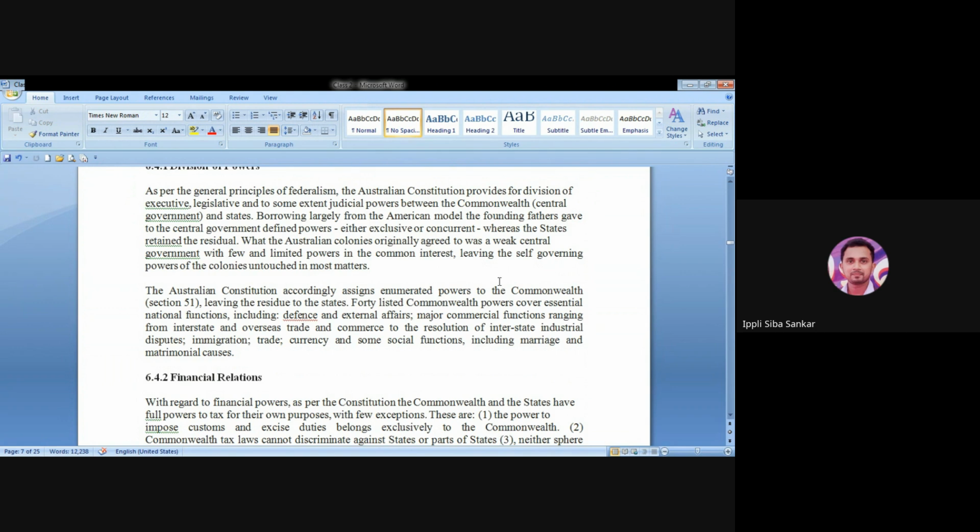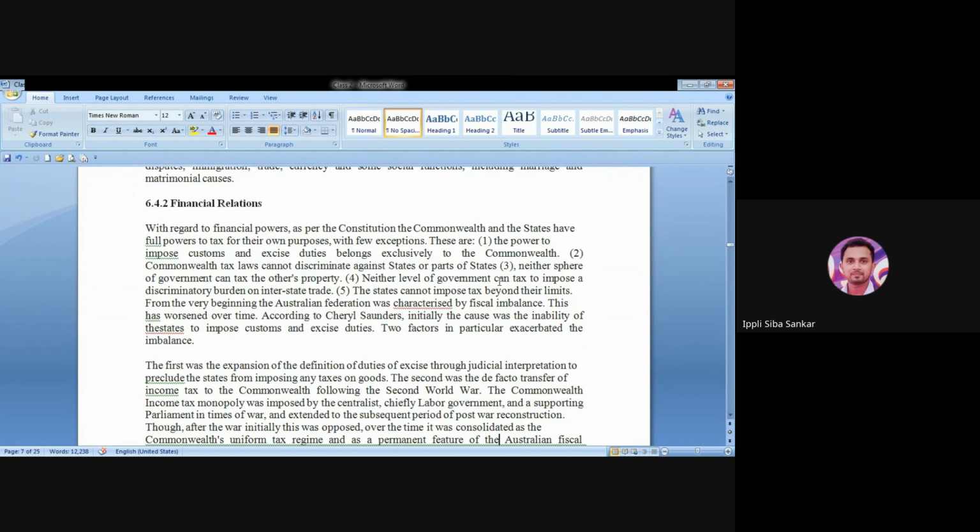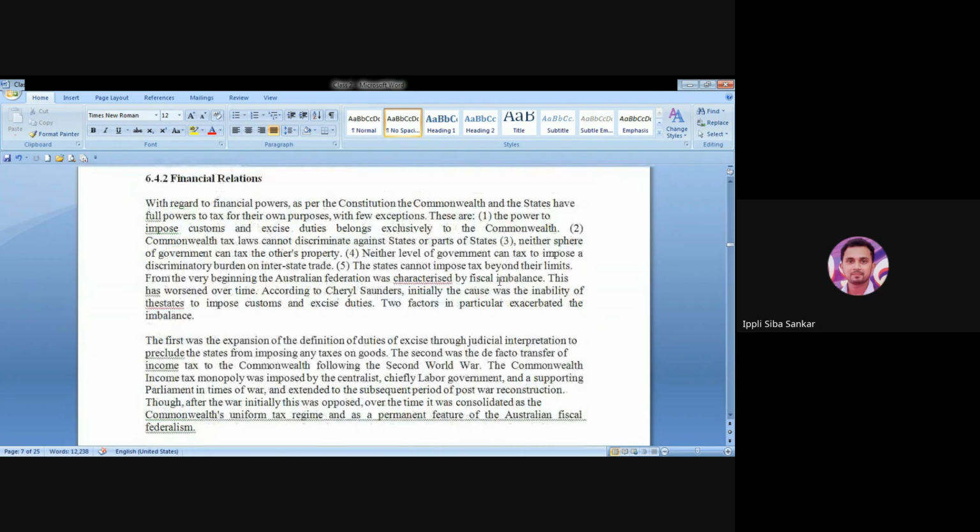But the Australian colonial delegates agreed to a weak central government with few and limited powers for the common interest, leaving the self-governing power of the colonies untouched in most matters. Most of the powers are given to the state government, and the center is less powerful.